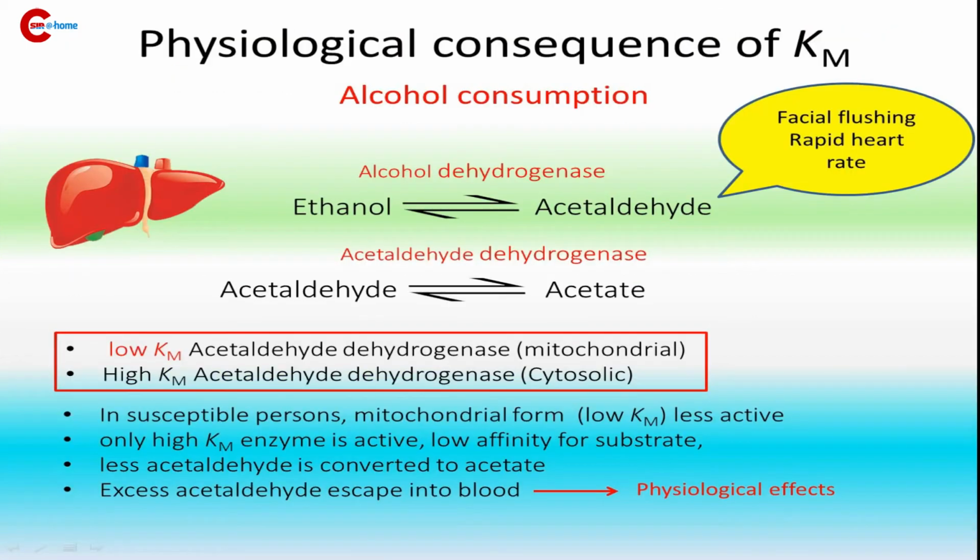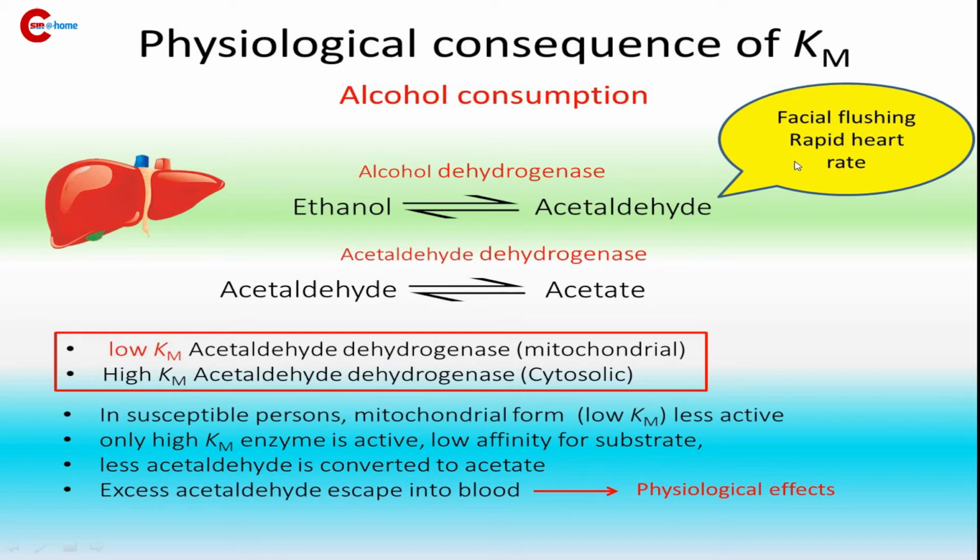Now we can study the physiological consequence of Km. Example, alcohol consumption. You know that some people, if they consume alcohol, are very sensitive to ethanol. They exhibit facial flushing and rapid heart rate, even if they consume only a small amount of alcohol. How?